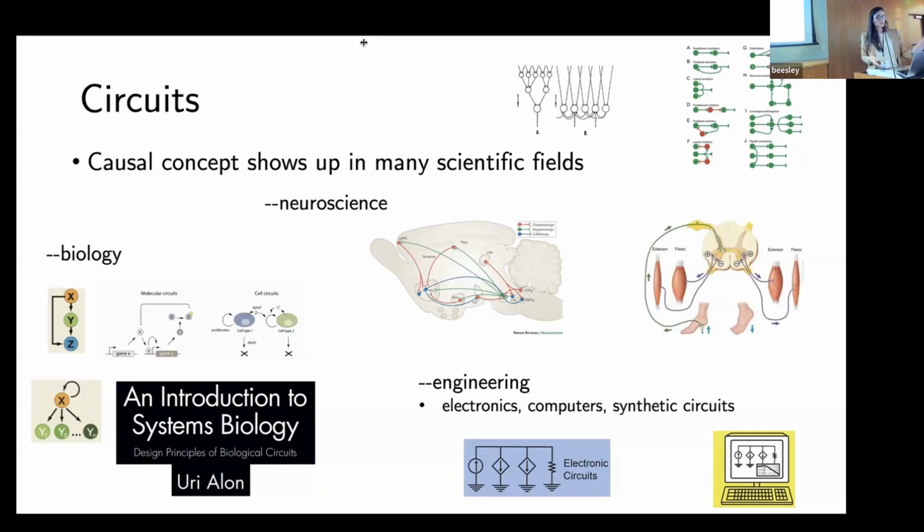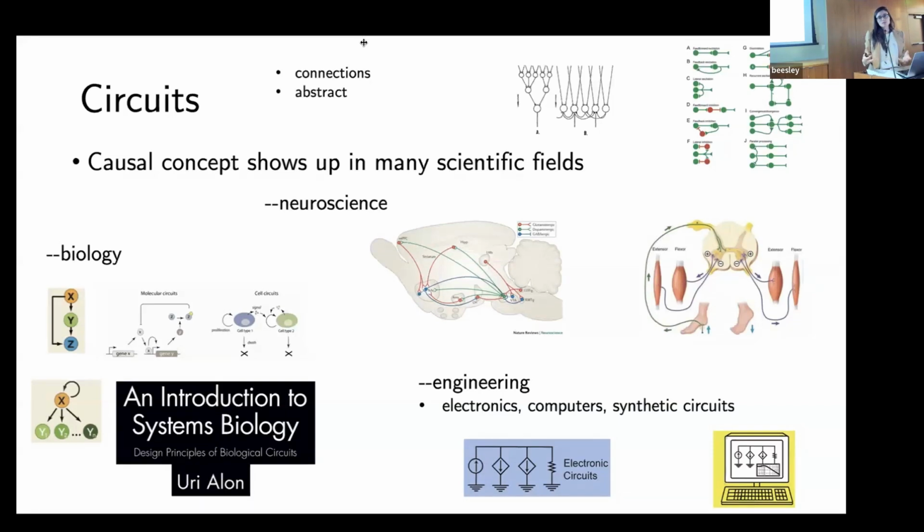If we look across these different domains, we see some similarities across the systems that are referred to as circuits. First, very obviously, in these systems, there is an emphasis on the connections across elements in the system, right? Referred to as wiring diagrams, particular names that are used to specify a particular connection pattern across elements in the system.